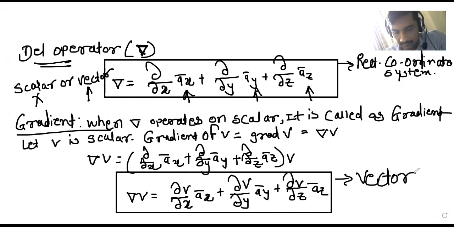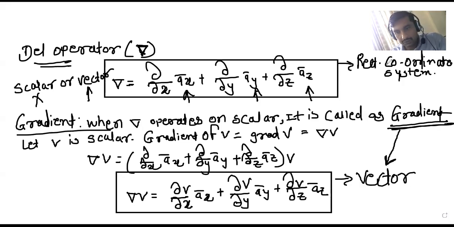Gradient means when del operates on a scalar quantity, it is called a gradient, and the end result is always a vector quantity. So that's all about gradient.